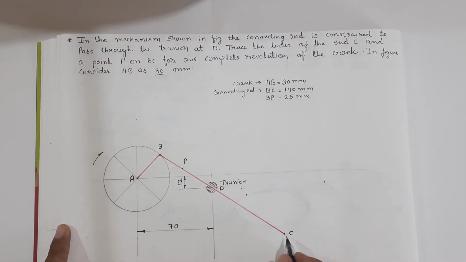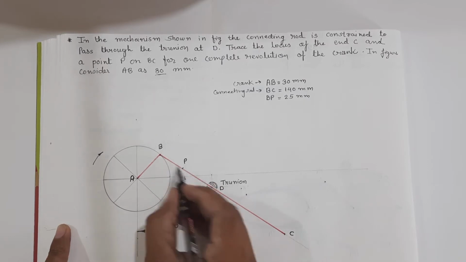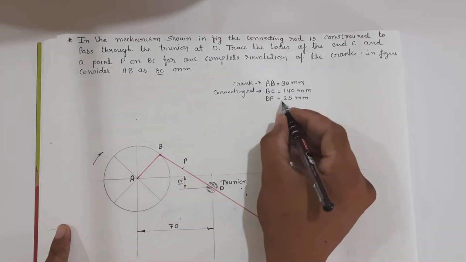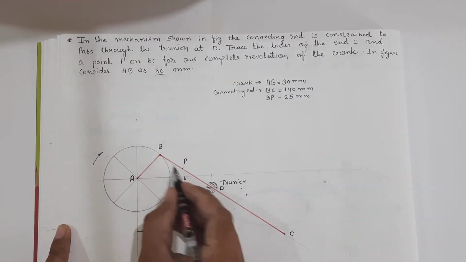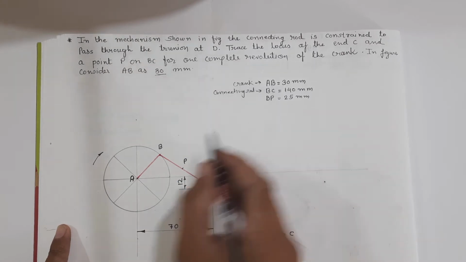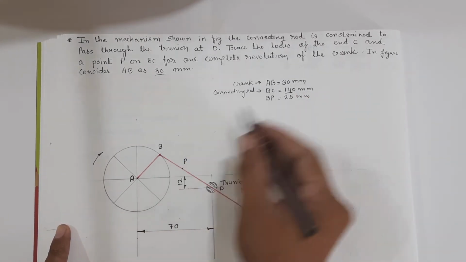And we have to find out the locus of point C and locus of point P, and the distance of point P from B is given. It is equal to 25 mm. So the B to P distance will be equal to 25 mm, BC will be equal to 140 mm, and AB is equal to 30 mm.